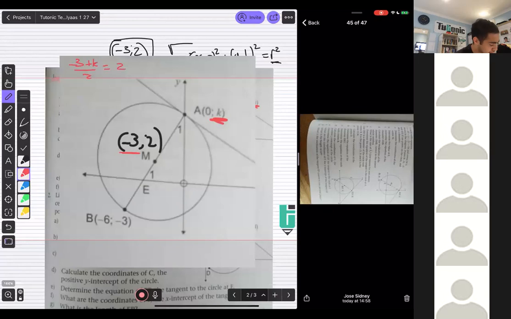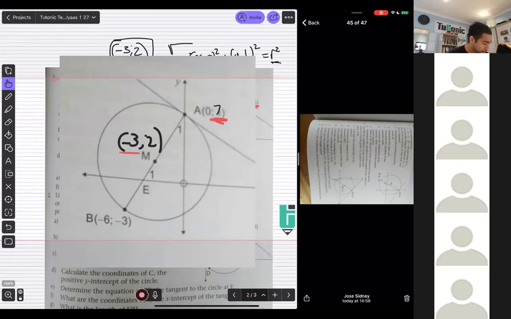Yeah. No, it's 7. So -3 plus k equals 4. Therefore, k equals 7. Sorry. Right. Do you guys understand what she said? Her method? Yes. Okay.